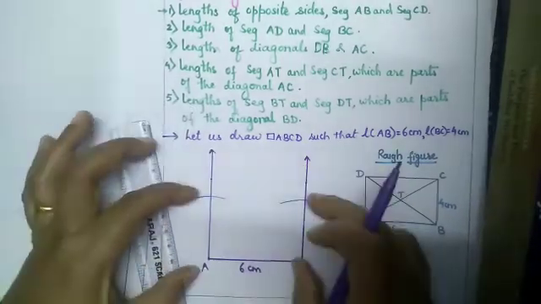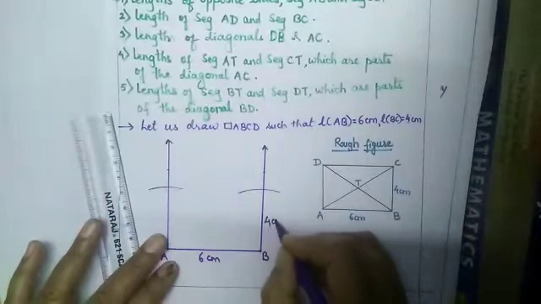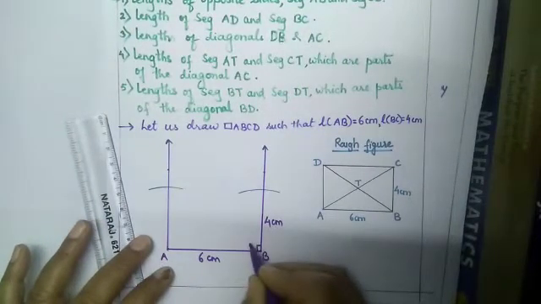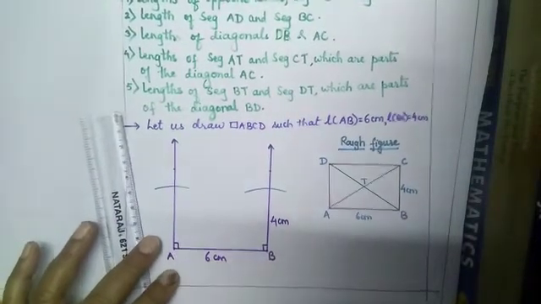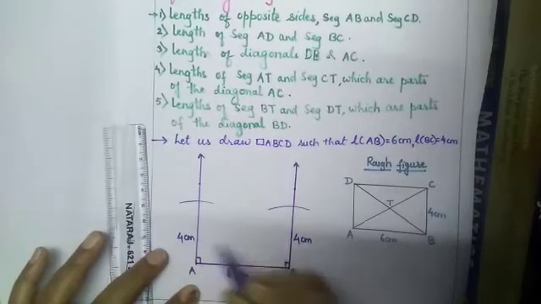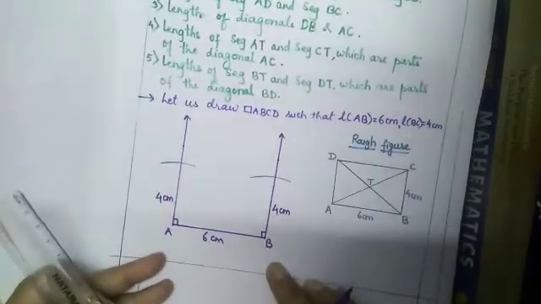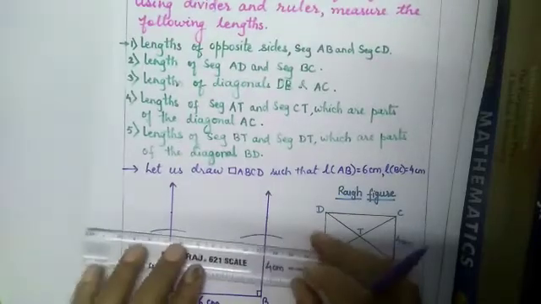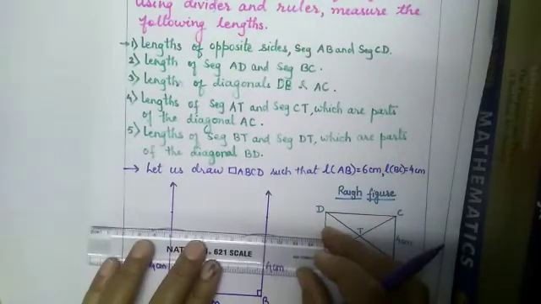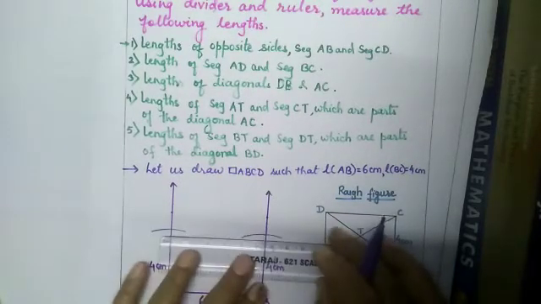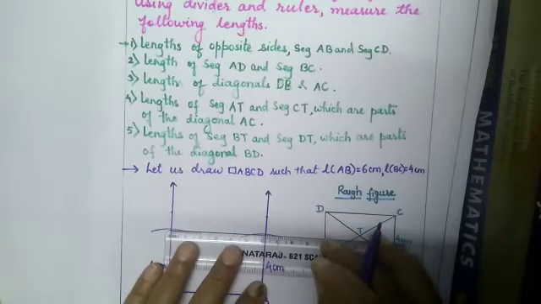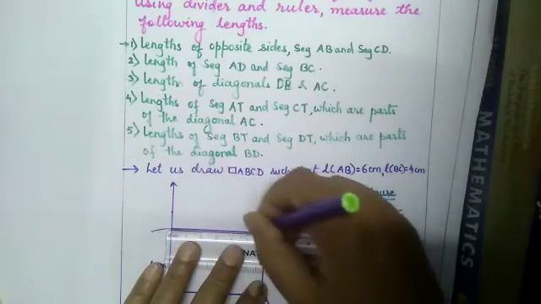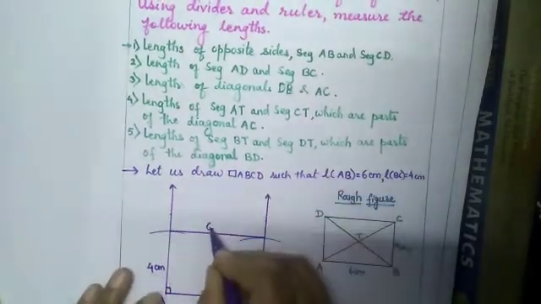This arc is 4 cm. Angle B is 90 degrees, angle A is 90 degrees. This is also 4 cm. And as we have taken AB as 6 cm, the measurement between the two intersections of arcs will also be 6 cm. Let us measure this. See, on the ruler also it is the same, 6 cm.